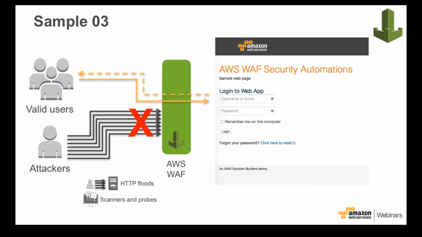The third example where this solution can help us be protected is bad requests. It's a protection based on inspecting logs to identify bad origins.